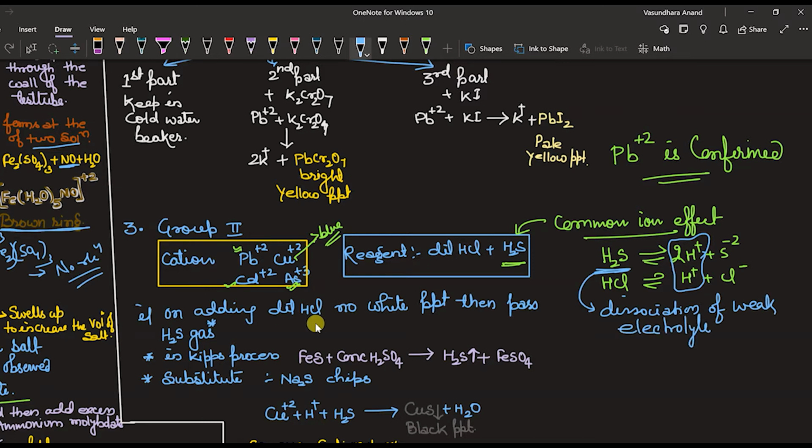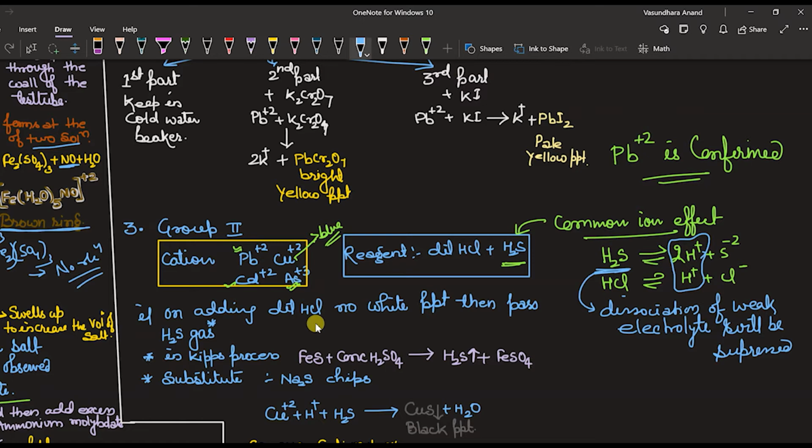I hope it is clear. It will be suppressed, and hence we will get H2S as a whole in the solution, and then a double displacement reaction will occur and it will give you the precipitate. Clear है बच्चे? Due to HCl and H2S, it will create a common ion effect, and according to this, the H+ concentration on the product side will be increased.